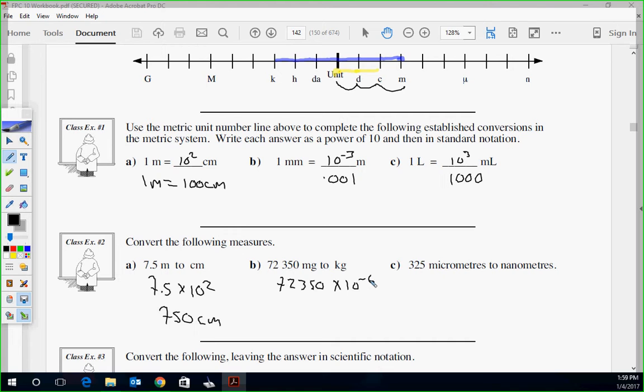Makes sense. Milligrams are smaller than kilograms, so we should get a smaller number. Okay? And so what you can do there is put that on your calculator if you want, or you can just move the decimal 6 spots. Your decimal's right here. 1, 2, 3, 4, 5, 6. So it would just be that with a 0 in front. Say that again?